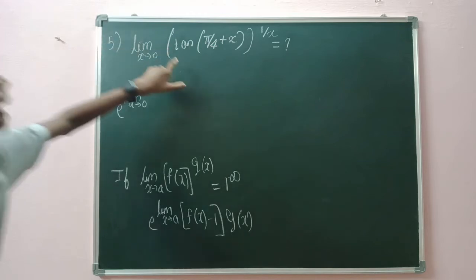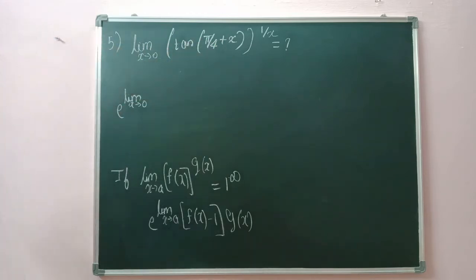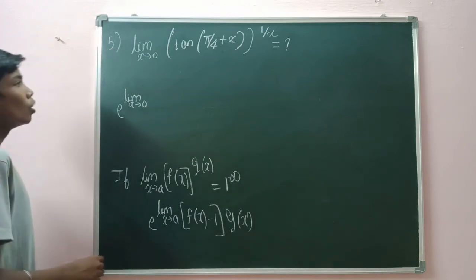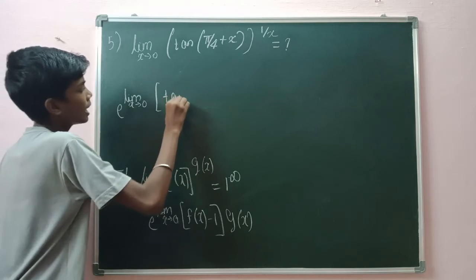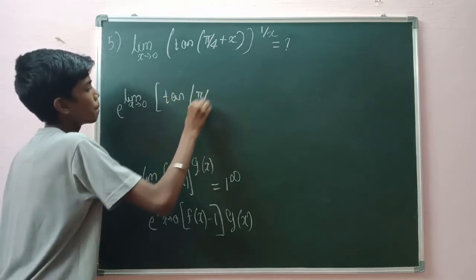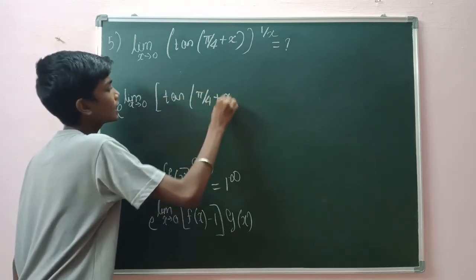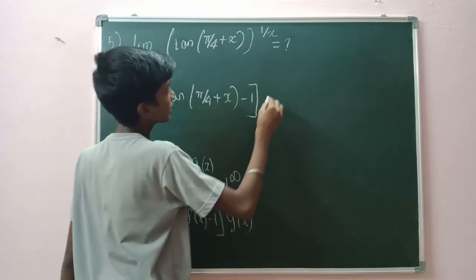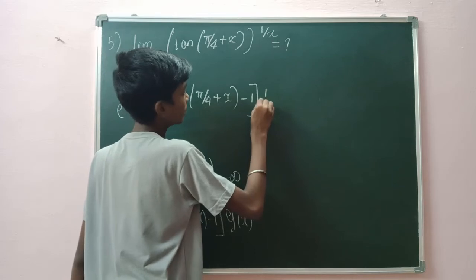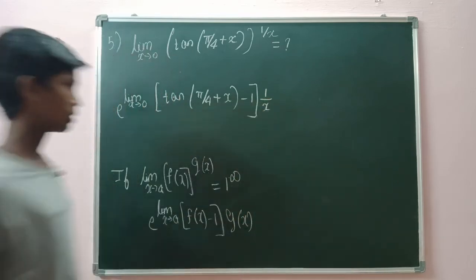Correct? Now when I need to subtract 1 from it, I'll put tan of pi by 4 plus x minus 1, then times the power, which is 1 by x.